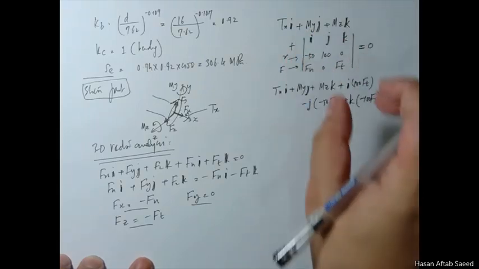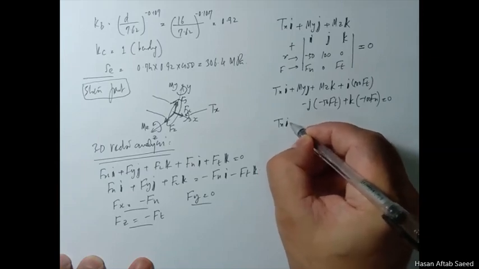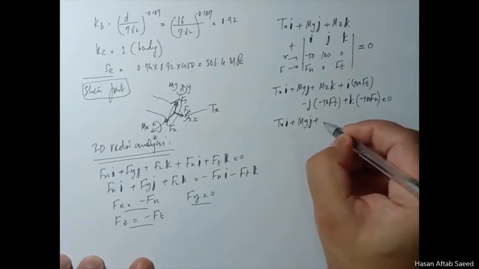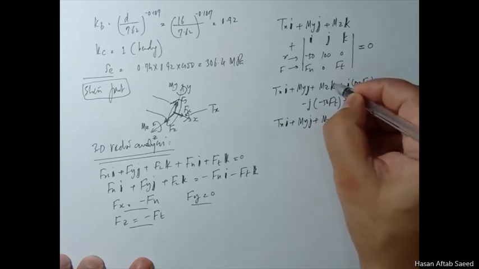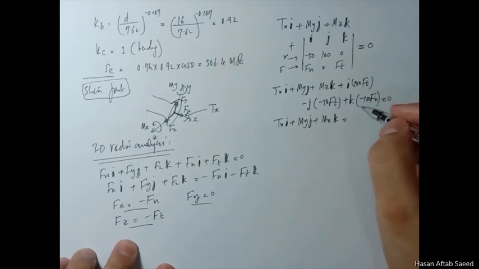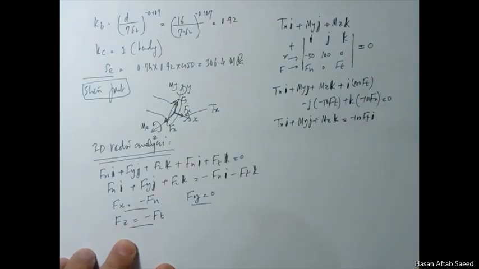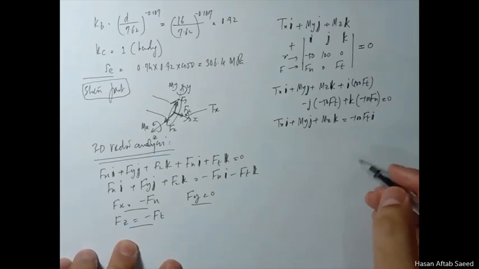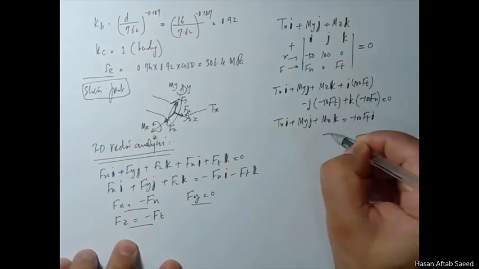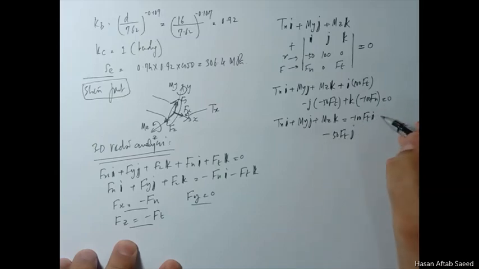We just open this up, and if we rewrite this equation again, Tx i plus My j plus Mz k is equal to, taking it on the other side, minus 100 Ft i minus 50 Ft j plus 100 Fn k.